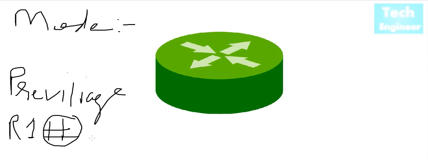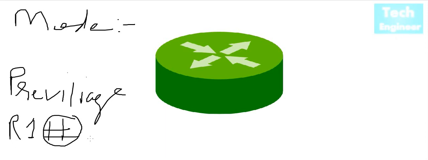You can access these commands from the hash mode. Very basically, you can understand about your router from this privilege mode, such as what kind of router it is. You're not able to configure a router here, but with privilege mode you are able to see what is running in the router.